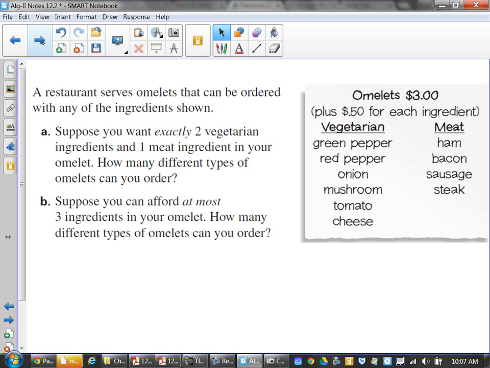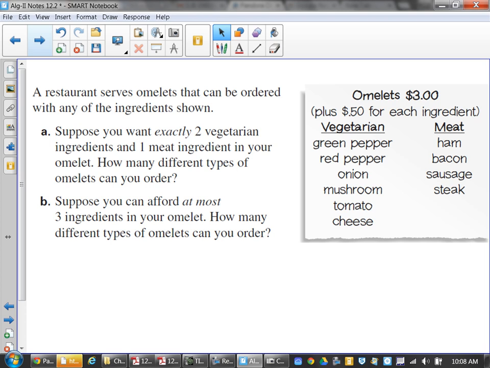Let me show you an example here. A restaurant serves omelets that can be ordered with any of the ingredients shown. Suppose you want to have exactly 2 vegetarian ingredients and 1 beef ingredient in your omelet. How many different types of omelets can you order? So what do you see in there? You see the word and, and then you see the exactly.